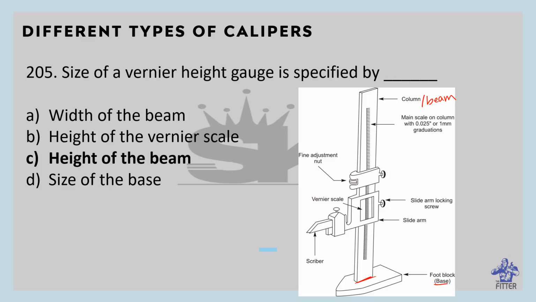The vernier height gauge is mainly used in the inspection of parts and layout work with a scribing attachment. Heights or vertical distances may also be measured using the bottom of the scribe.